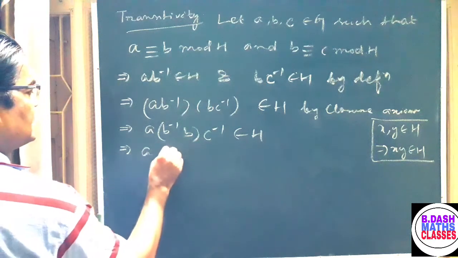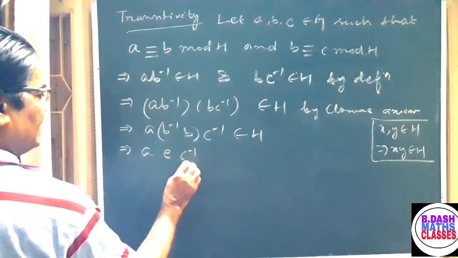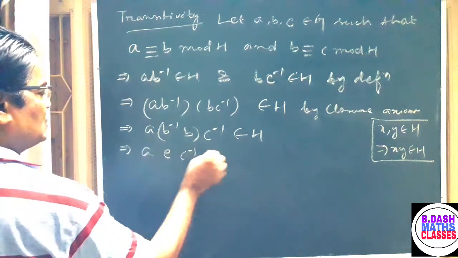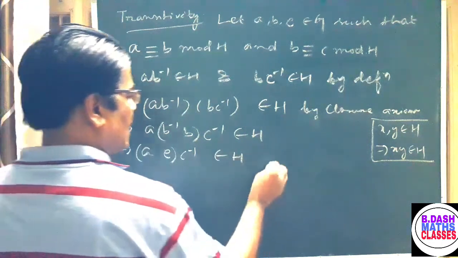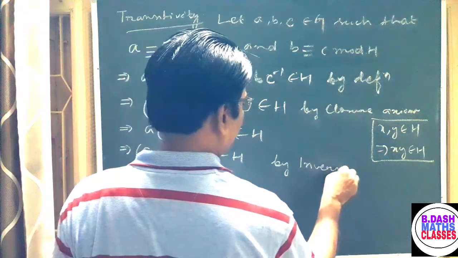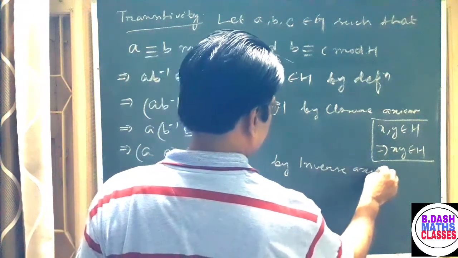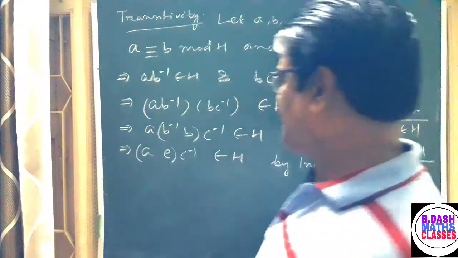Now this is a e c inverse belongs to H by the inverse axiom. So we can replace b inverse b by e.